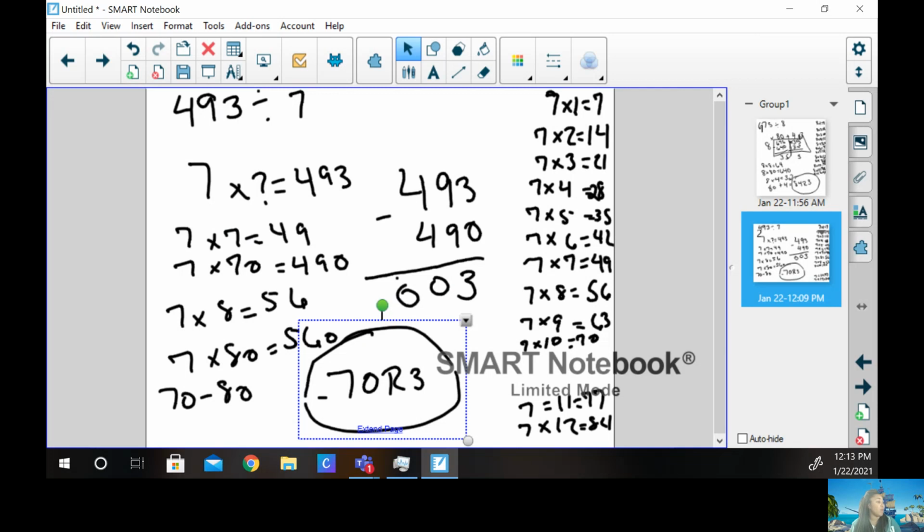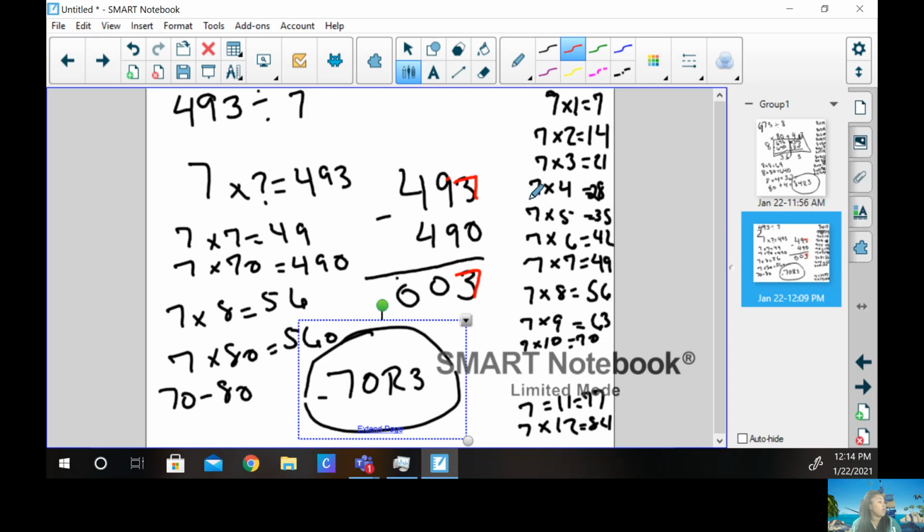Okay, so let's say this was a 7, right? So let's just assume this was a 7. We would then go, okay, well, 1 times 7 is 7. So I would then put my 1 here. So let's say our answer is a 7.